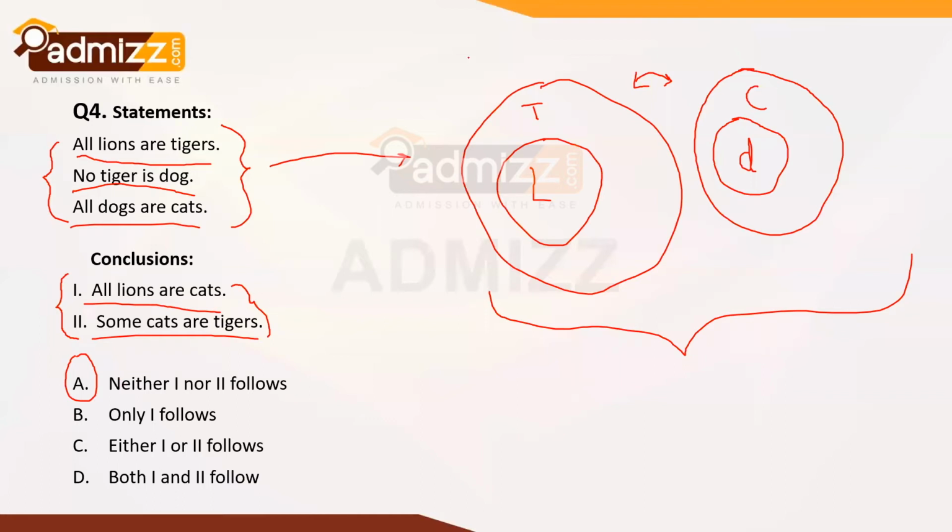So following from this, option number A is the correct answer in this case. Is it clear? All right, cool.